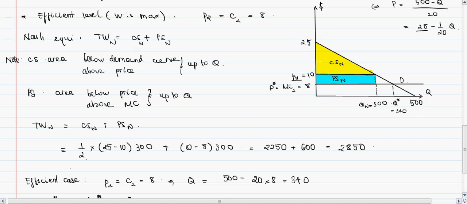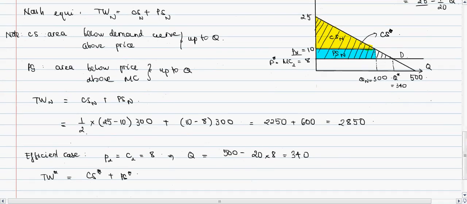Okay, so it's going to be the whole big triangle. Alright, so that is the consumer surplus in the efficient case.